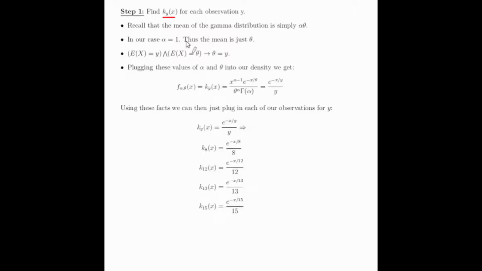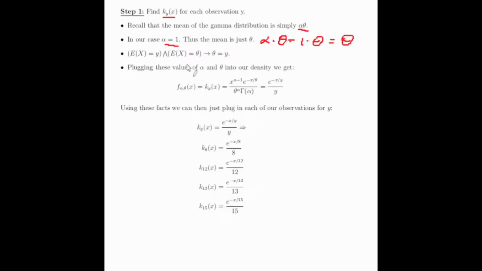Recall that in our case, we're dealing with gamma kernels, and that if you use the standard alpha theta parameterization that you see in the formula sheet, the mean of such a distribution is simply equal to alpha theta. Using information in this problem that alpha is equal to 1, we know that the mean then is just equal to theta, because we get alpha times theta is equal to 1 times theta, which is equal to theta.